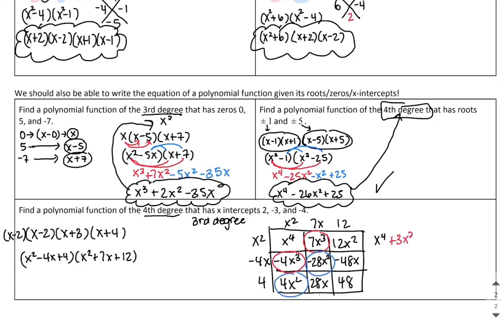Then I add my x squared terms, negative 24x squared plus 12x squared is going to be negative 12x squared. And then I combine my x terms to get negative 48 plus 28 is negative 20x, and then I have my constant at the end, which is 48. So this is my answer.